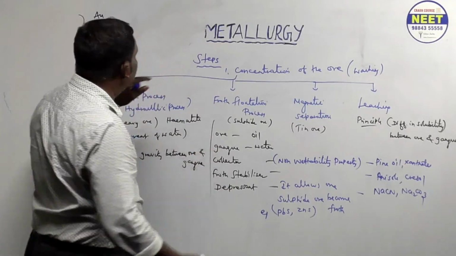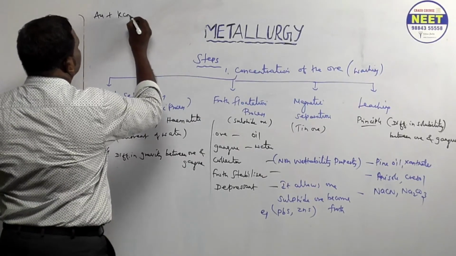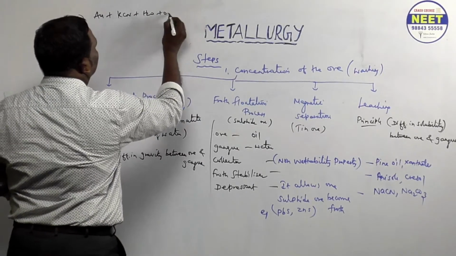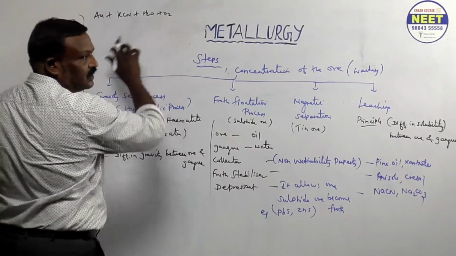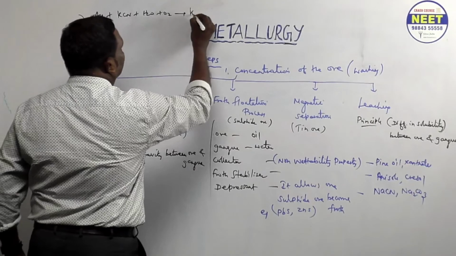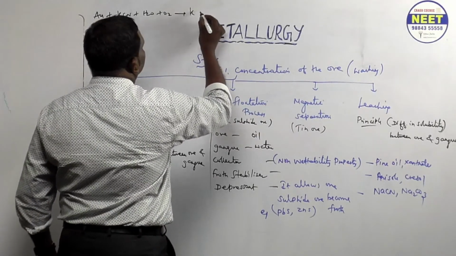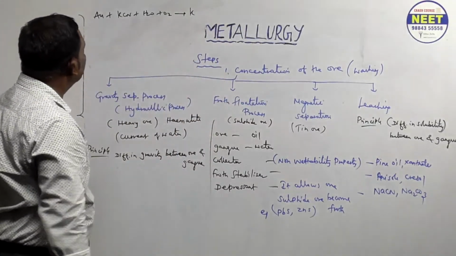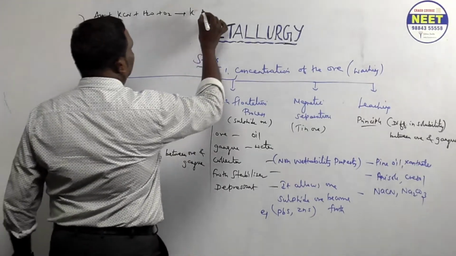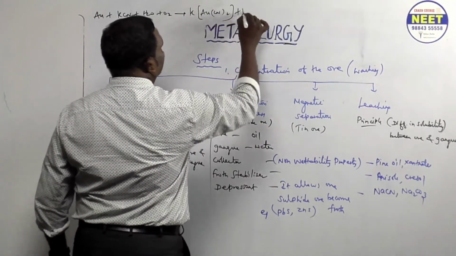So you take this one, then add H2O and dissolve in potassium cyanide. This ore is dissolved to form one complex substance. The complex substance is called K[Au(CN)2], correct or not? K[Au(CN)2], plus KOH will be obtained.